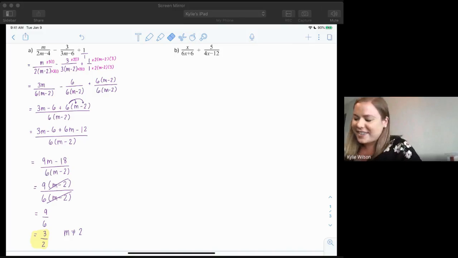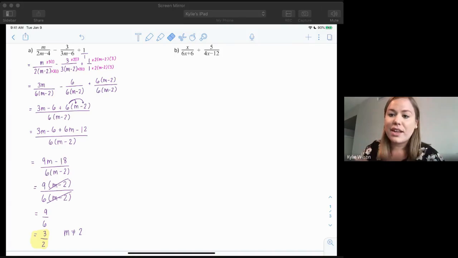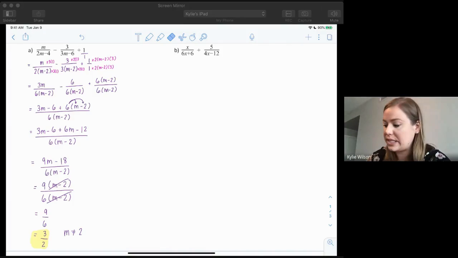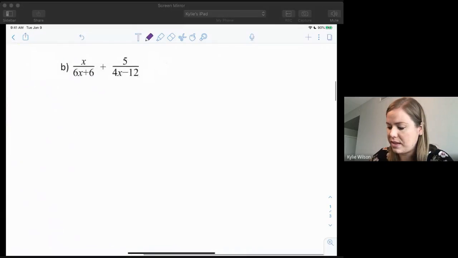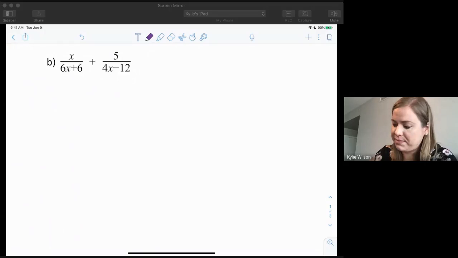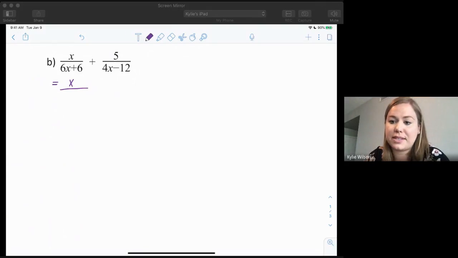All right, so for the second one, the first thing that we're going to do is start by factoring the bottom. That's always the first thing that we do in order to get a common denominator. So let's factor out as much as we can. We can't factor anything out of the top because it's just an x.